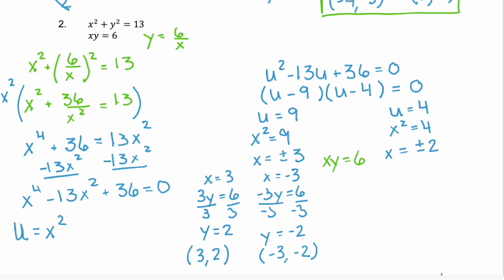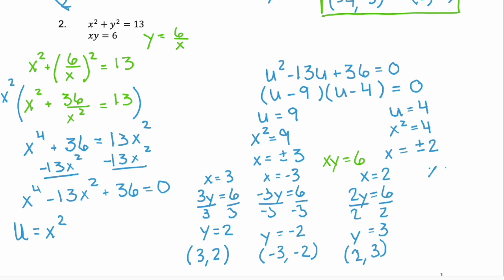Now with x equals plus or minus 2. We have x equals 2, or 2 times y equals 6. Divide by 2. So y equals 3. That's the point 2, 3.